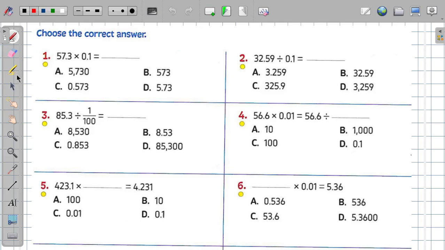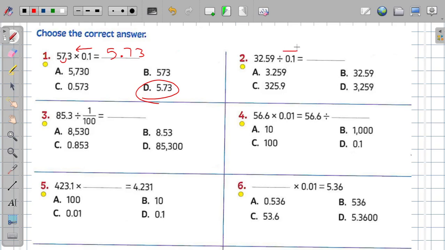Next, the first one here I have 57.3 by 0.1. I will move the decimal point to the left one place. So I have one place, so it will be 5.73. So it's choice D. I have 32.59 divided by 1/10.